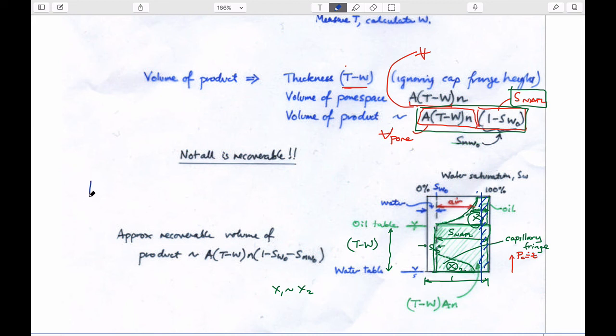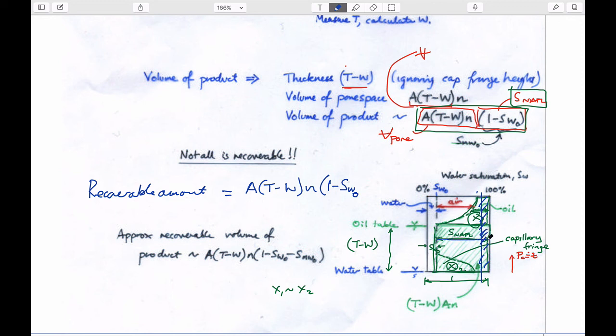So the recoverable amount, well, you're still dealing with the same volume of the aquifer and its porosity, so still this. But what's the amount that can be removed? You know that the amount that's in place is 1 minus the irreducible saturation of water, which is this amount here.